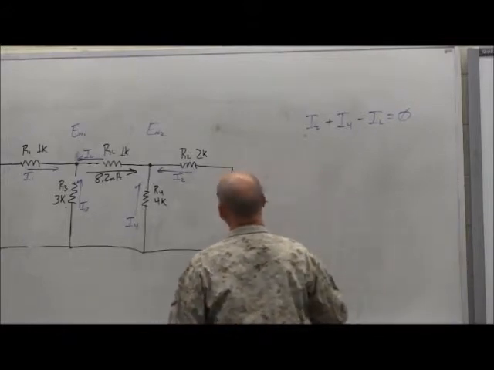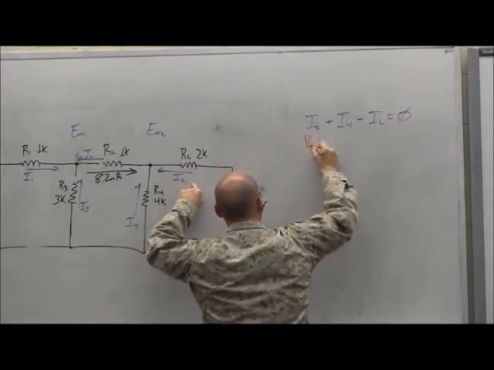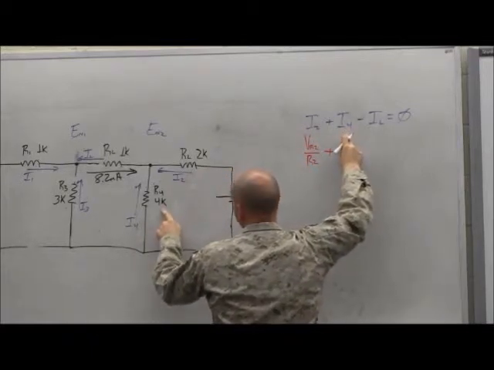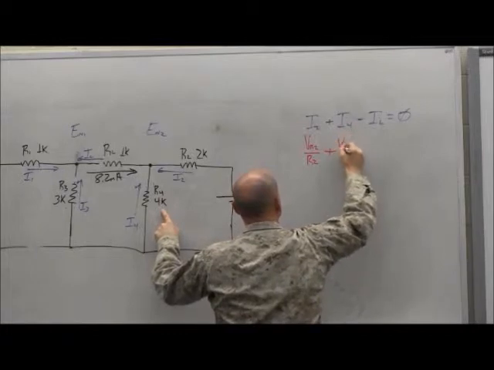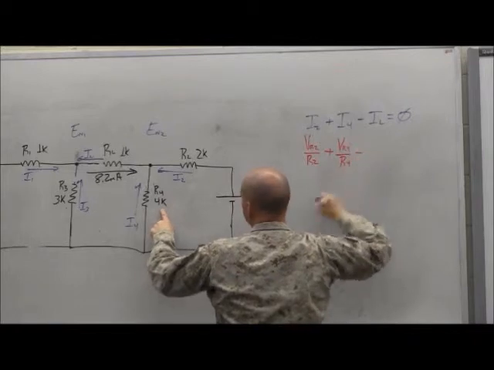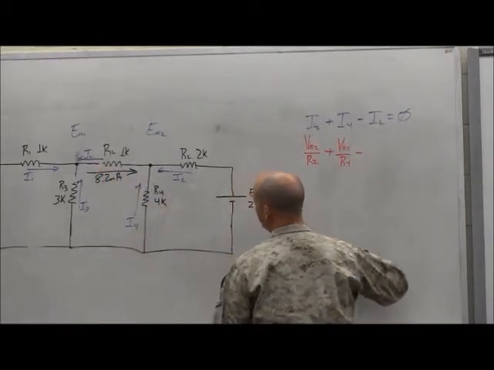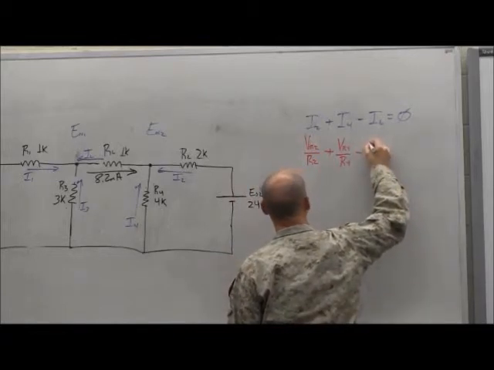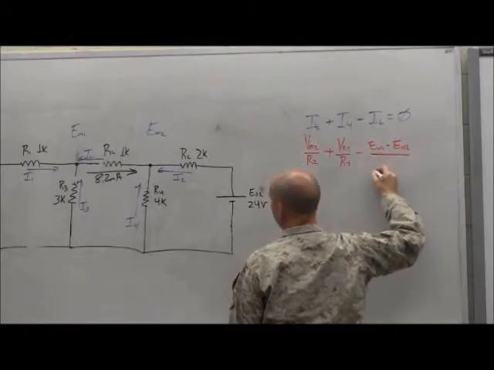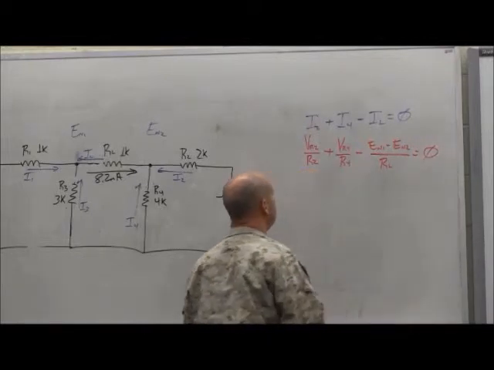Using Ohm's law, the current of I2 is equal to the voltage of R2 divided by the resistance of R2, plus that current of I4 is equal to the voltage of R4 divided by the resistance of R4, minus that current for IL is going to be the same as it was over there, EN1 minus EN2, all divided by RL. And again, that's all still equal to 0.